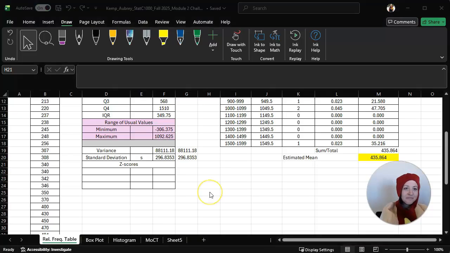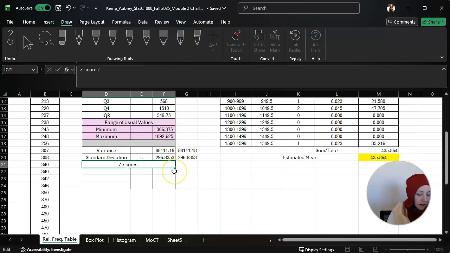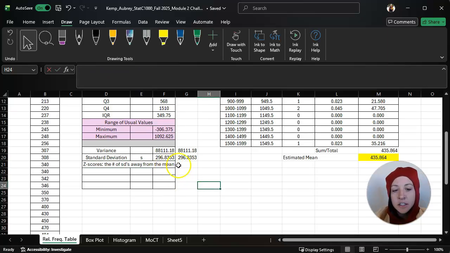All right. And now jumping into z-scores. So for z-scores, we need to know the standard deviation. What a z-score is, in fact, I'll abbreviate this so that we can fit it, the number of standard deviations away from the mean. And this is for data values.